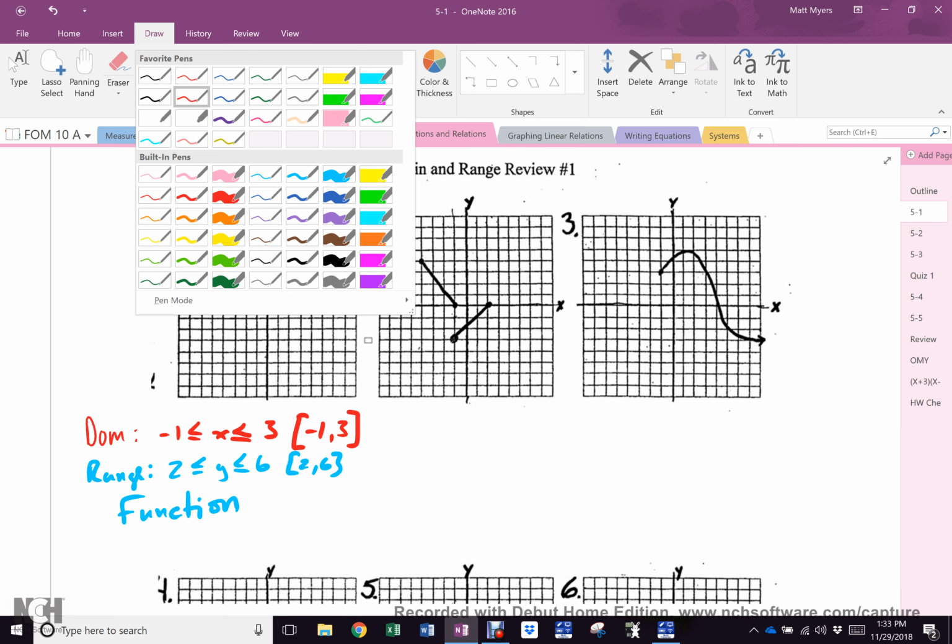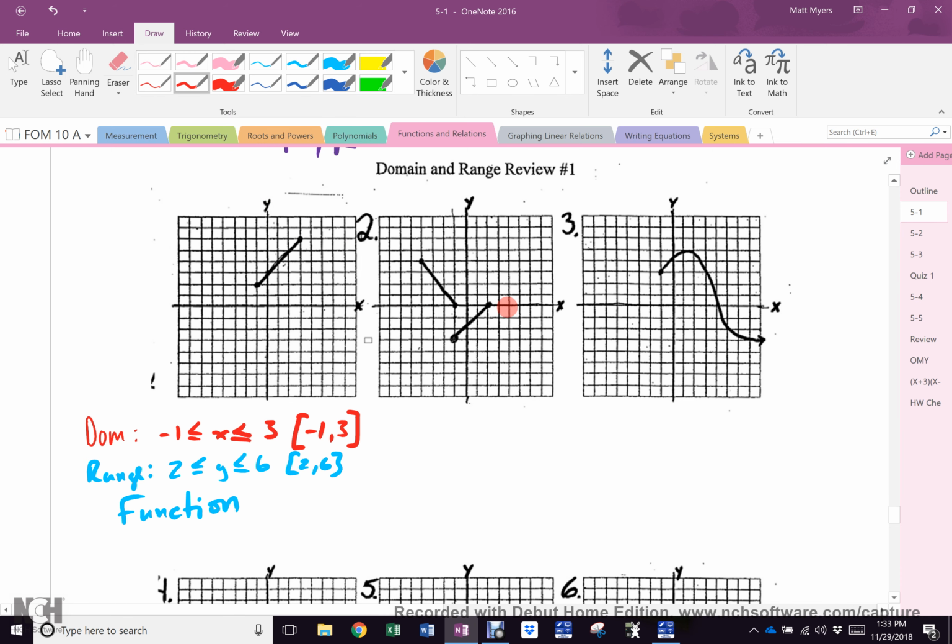Next, what is my domain? I look on the x-axis at the lowest possible value. Where is it? -4. And I go along. X, X, X, X, X. And then some of the kids in the other class stopped there. But do you? No, because what happens right away here? It starts again.